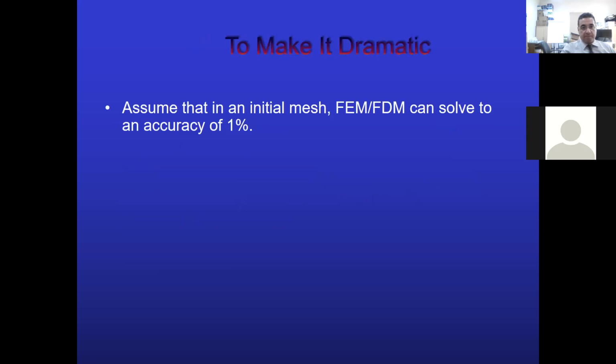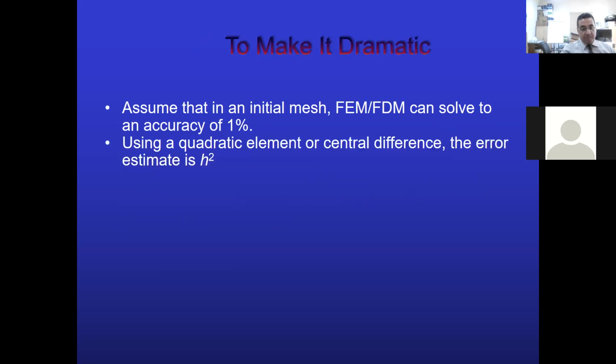So assume, and I'm stealing from Wong and also Alex Chang, if you want the finite element or finite difference model to solve with an accuracy of 1%, you're going to need to use quadratic elements or central differences and get an estimate of the shape parameter h squared.